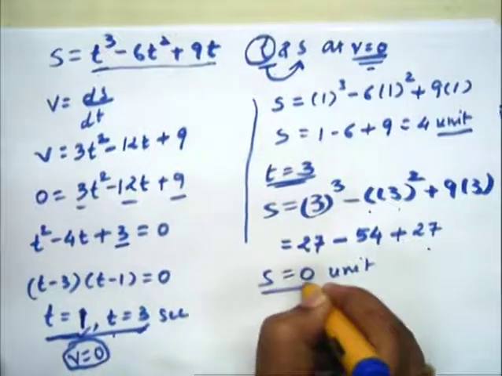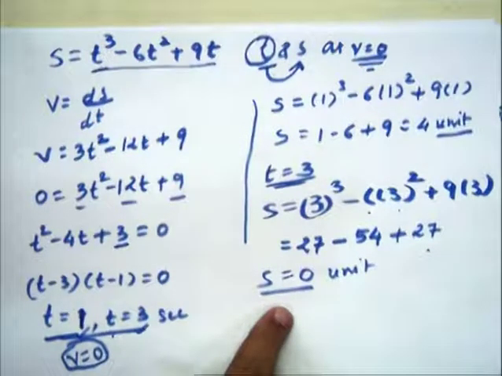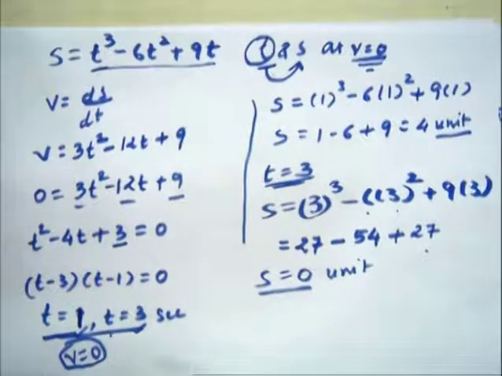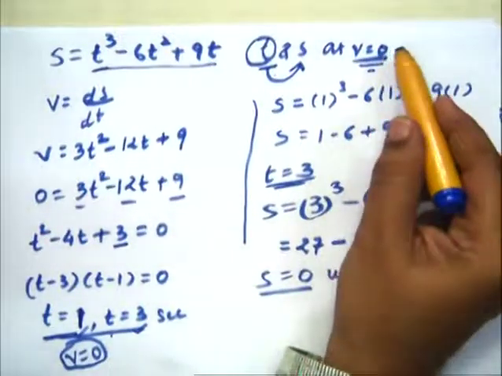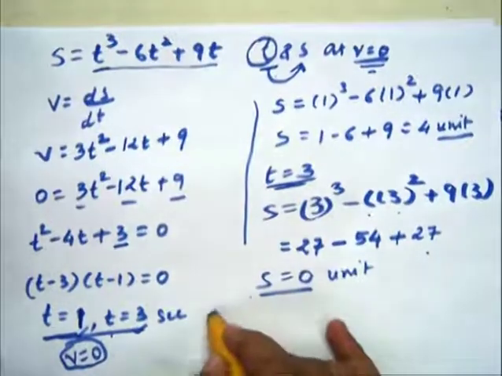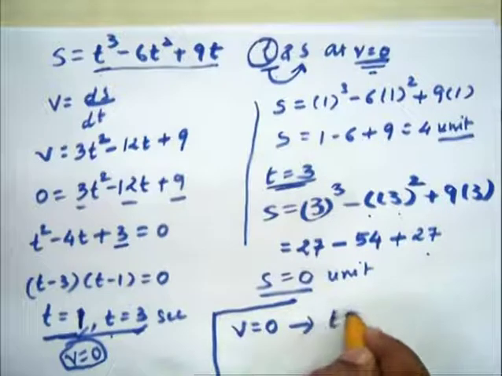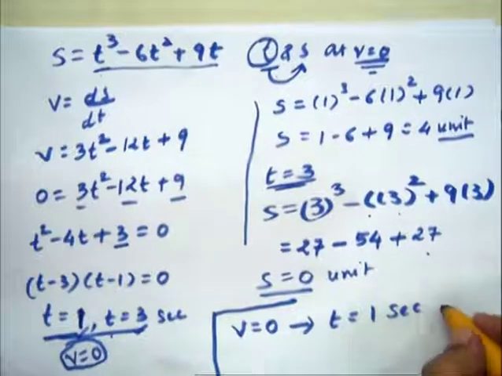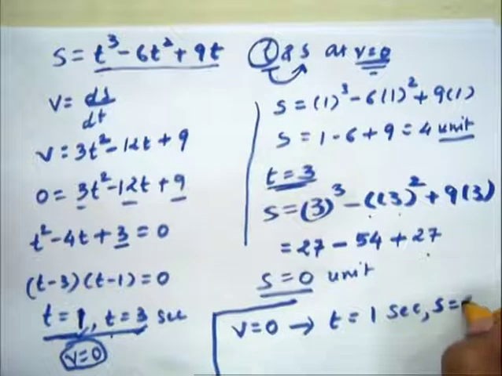So this is s equal to 0. What we can say is that at s equal to 0, again the particle will stop. So the final conclusion: when v becomes 0, we have t equal to 1 second, and at that time s, that is distance, is equal to 4 units.